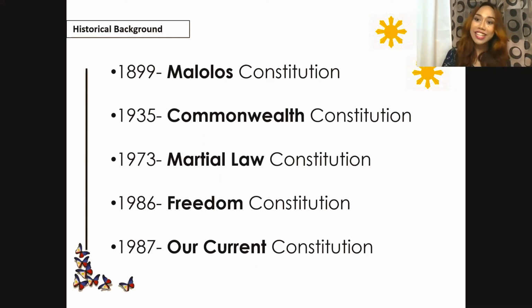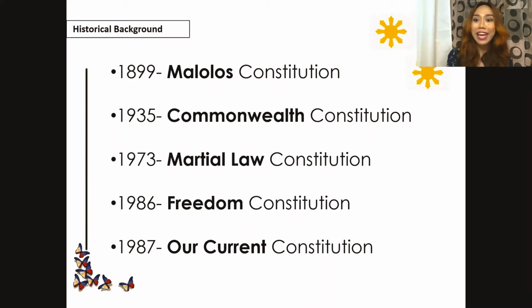If you remember in our Philippine history, on June 12, 1898, Philippine independence was declared by General Emilio Aguinaldo, and he became the first president of the Republic of the Philippines.